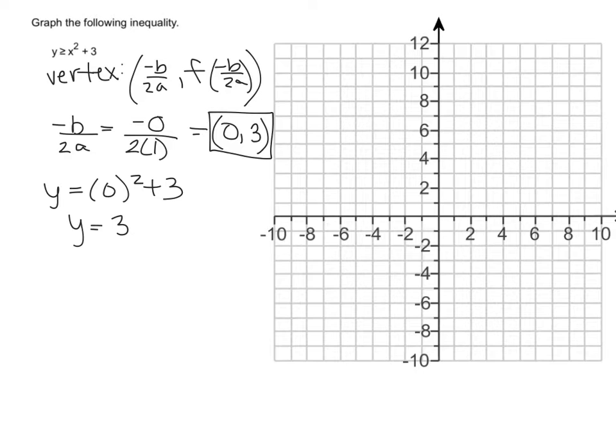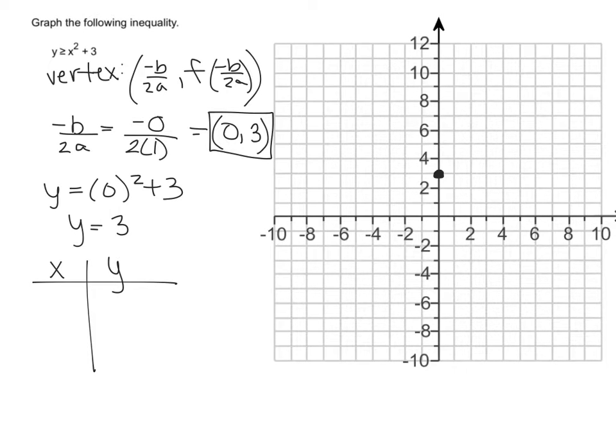Now I want to find two other values. I want to find a point on the right side of the vertex and a point on the left side of the vertex. So if my vertex is 0, 3, that would be here. So I want to test x equals 1 and x equals negative 1.